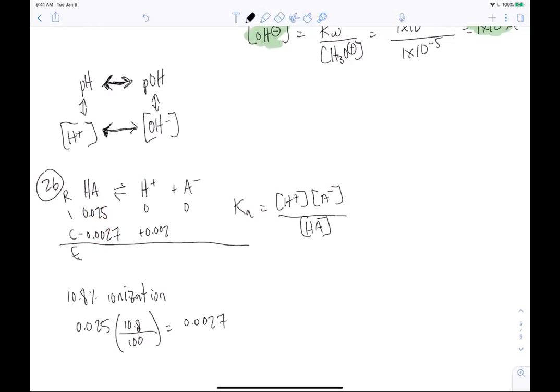And that means that at equilibrium, we're going to have gained that much of these on the other side. On our way to equilibrium, I guess, since we're looking at the change part. But at equilibrium, it's going to be the same number. And then we just plug those values in over here.